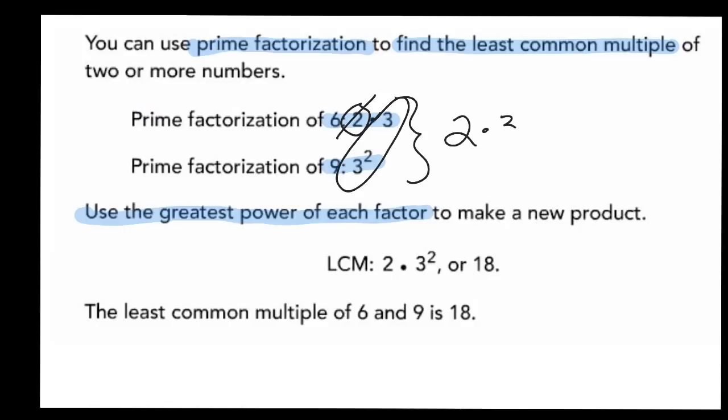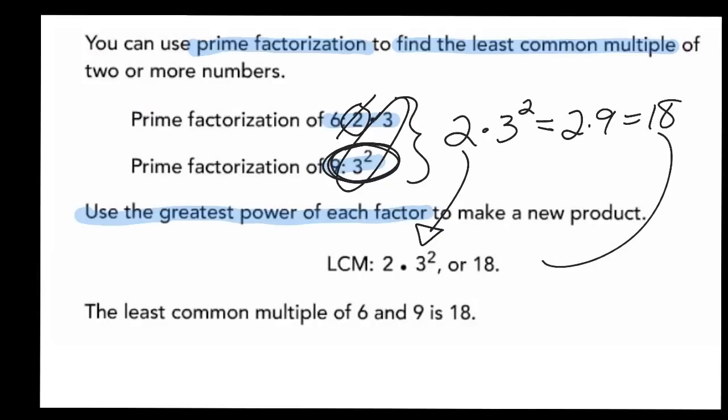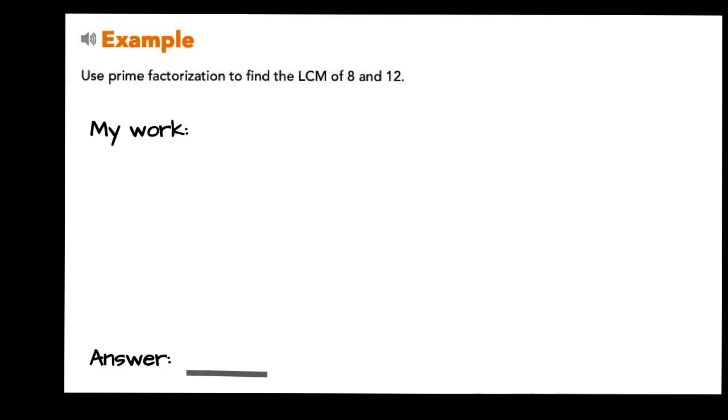I'm just going to use the 3 to the second power. The 3 with the highest power, and that's this one, 3 to the second power, which is exactly what they did down here, and they multiplied. 2 times 3 to the second power is really 2 times 9, which is 18, which is what they got down here.